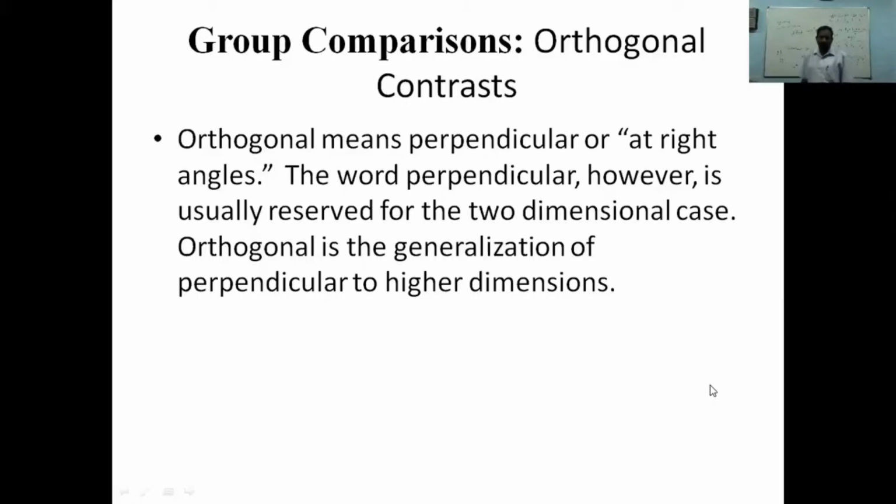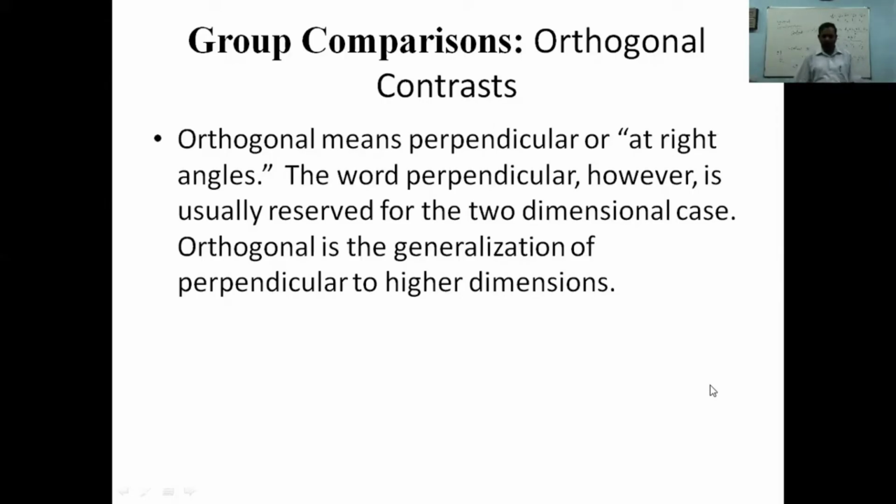So orthogonal means perpendicular or at right angles. The word perpendicular, however, is usually reserved for two-dimensional cases. If you have 3-dimensional or 4-dimensional, it is very difficult to express what is orthogonal.